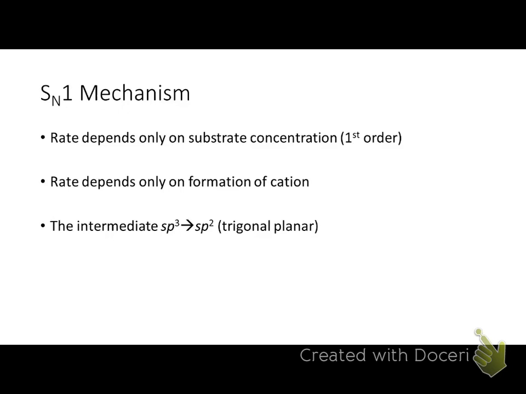And actually the other thing, which is on later slides, but I sort of shortcutted all of it, is because the intermediate is trigonal planar, you lose any stereochemistry you might have had in the molecule because it flattens out, and the nucleophile can come from the top or the bottom. So I do want you to remember that if there's stereochemistry, there's a loss of any stereochemistry.